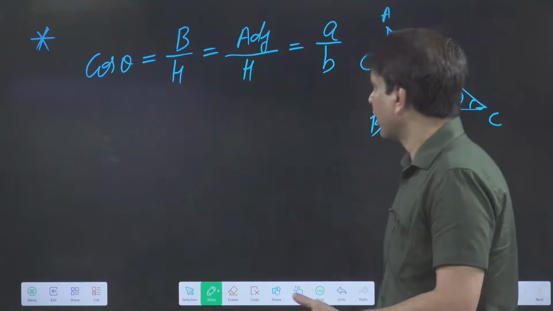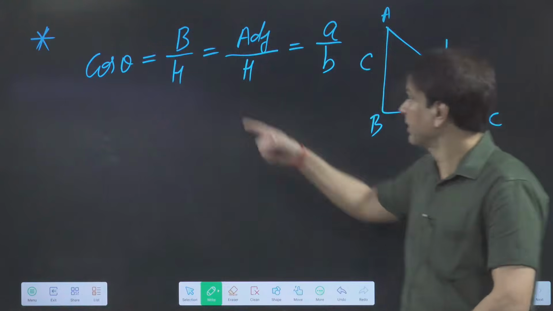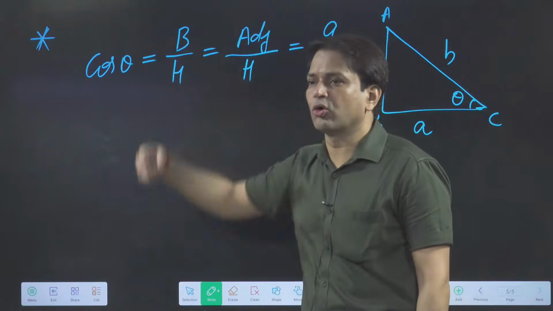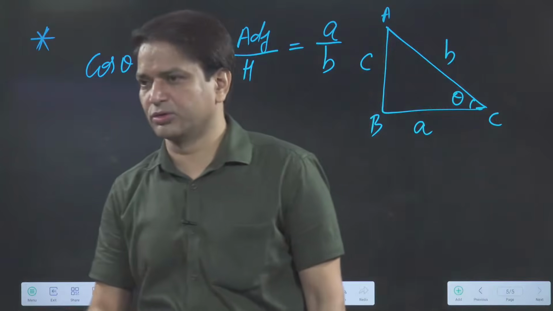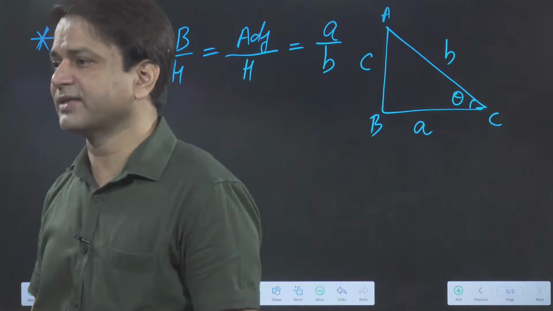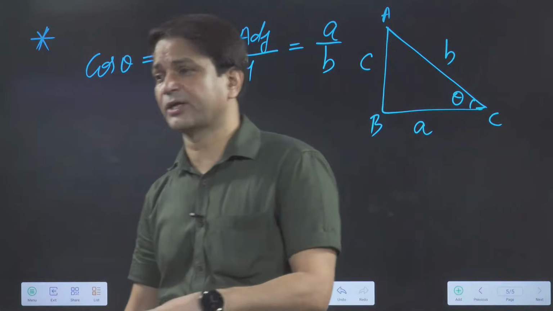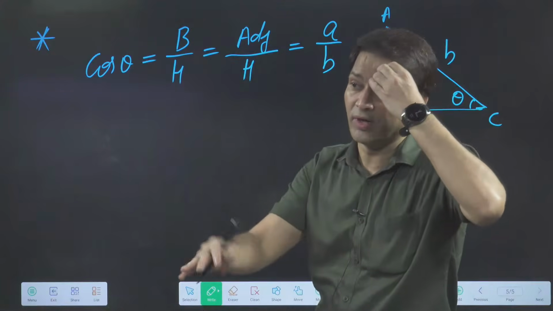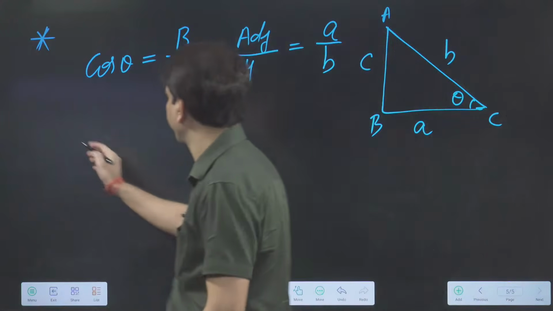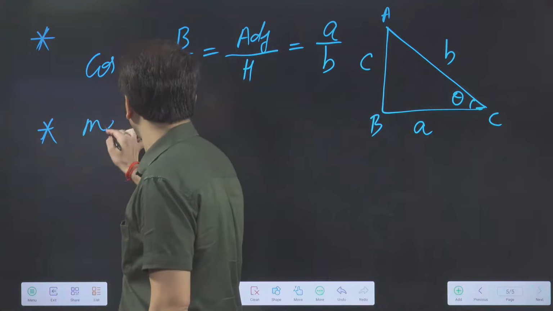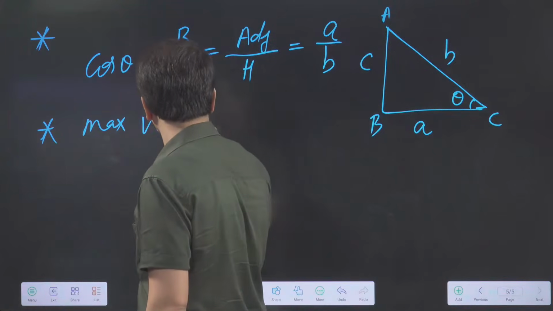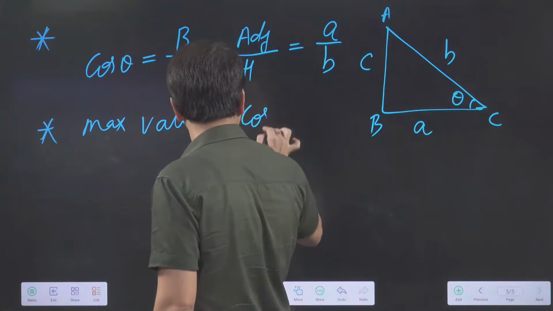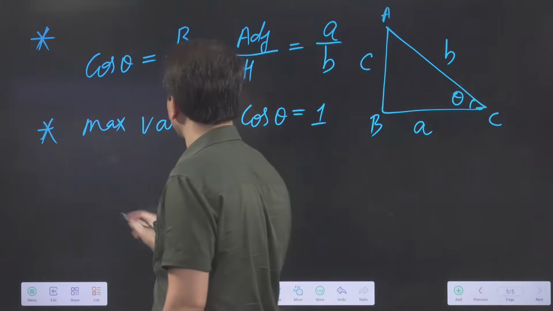Now the same concept here. Base cannot be more than hypotenuse, because hypotenuse is the longest side of a right angle triangle. So cos theta can never be more than 1. So the same condition here also: maximum value of cos theta is equal to 1.